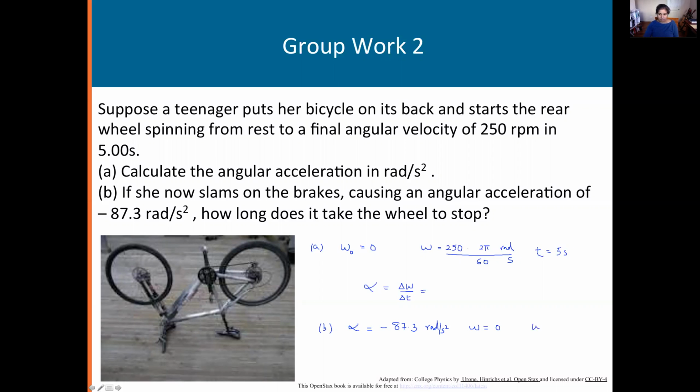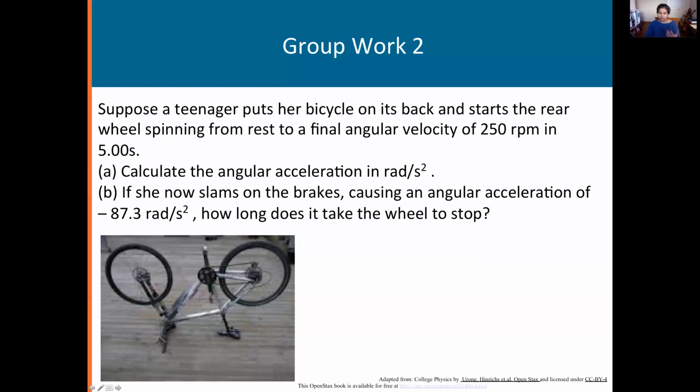Here our omega initial is this value here. We're going to calculate that. And what we need to find is T or delta T, same thing. So let's look at the solution.